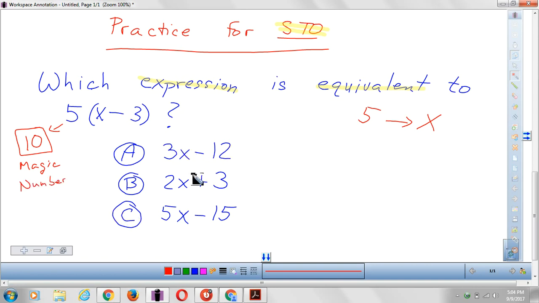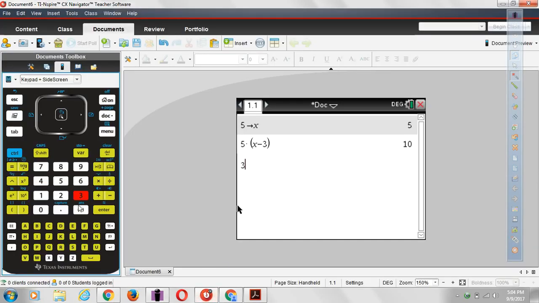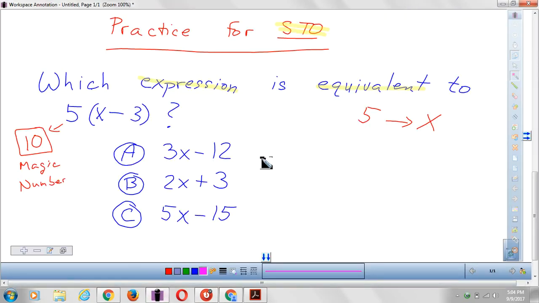Okay, so let's try some of these. 3x minus 12. Okay, let's see if that gives me my magic number. 3x minus 12. Enter, and it gave me a 3. Well, since it gave me a 3, I know now this cannot be correct. That's eliminated. Because 3 is not equal to 10.